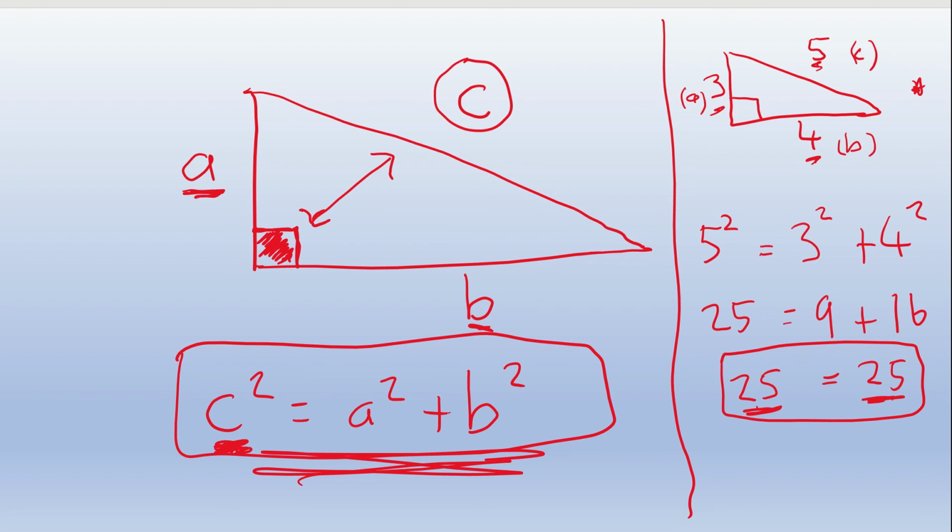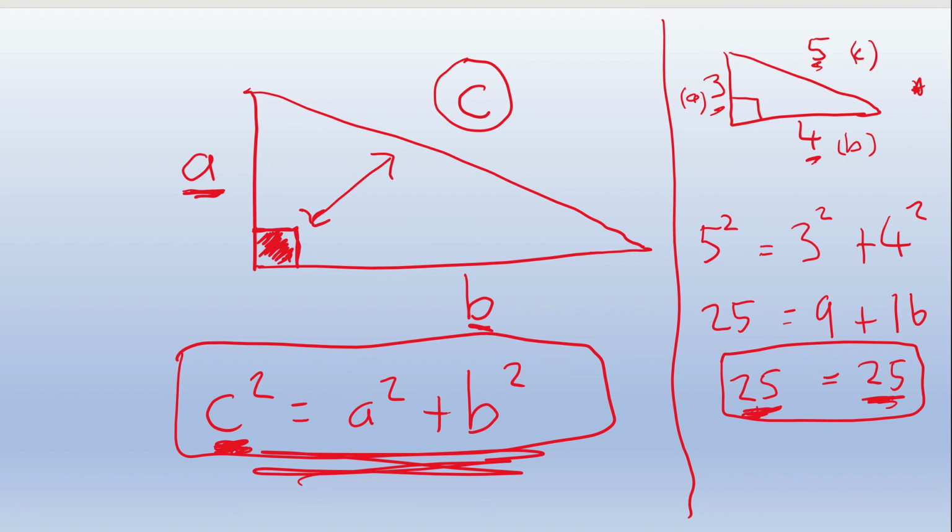So the first thing you've learned there is, if you have three numbers that fit into Pythagoras' theorem, and when you tidy it up at the very end you get one side equal to another, then you can say that the triangle is a right angle triangle. And there are loads more numbers that fit into Pythagoras' theorem.